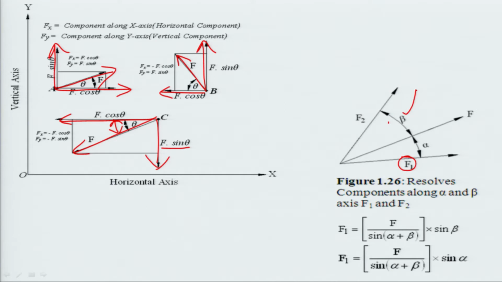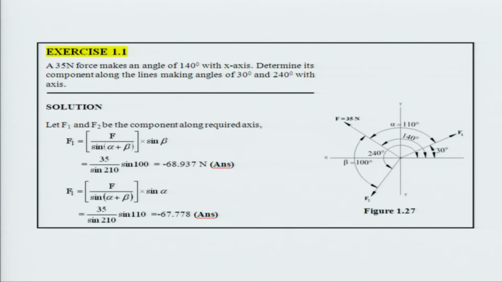This will be F2 actually, F2 will be F divided by sin of alpha plus beta into sin alpha. So, this formula will be used in calculating the resultant of non-coplanar forces.